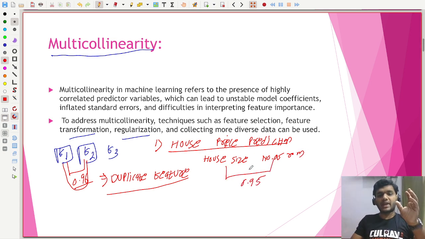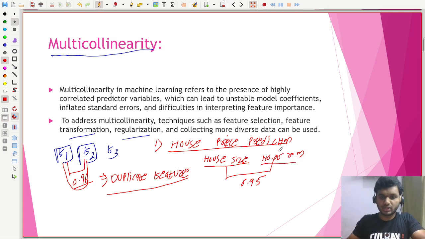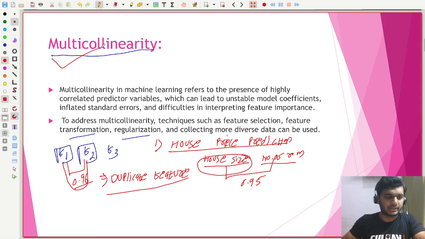So the price of the house depends upon one of the features, that is house size or number of rooms. So the two features are similar to each other, and here one feature is deleted. So it is multicollinearity.